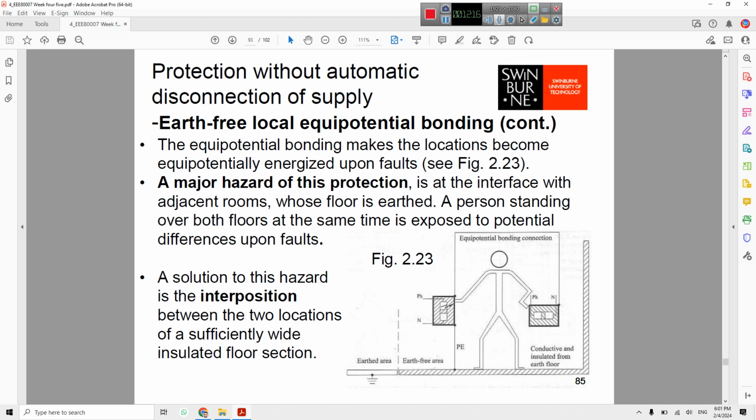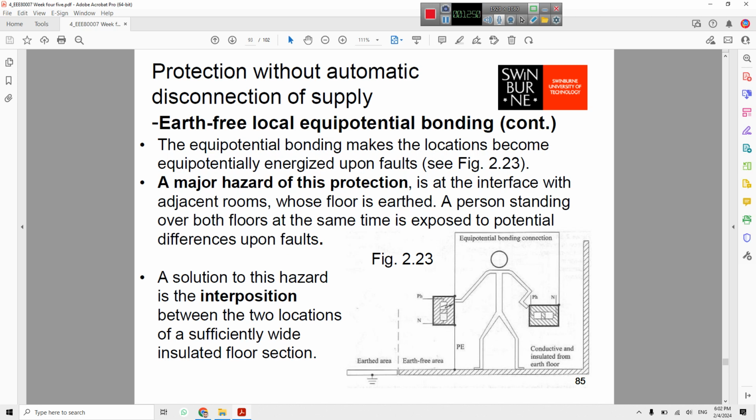If the person doesn't know about the earth-free area, he can put his feet on both areas, then the earth-free area does not exist anymore, and everything in the earth-free area is under a potential voltage.